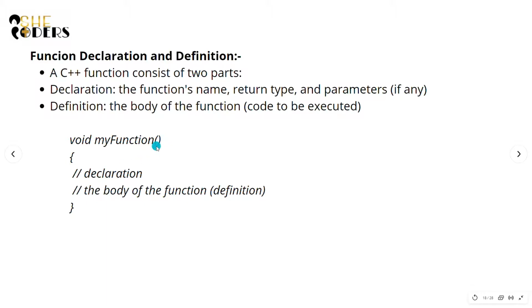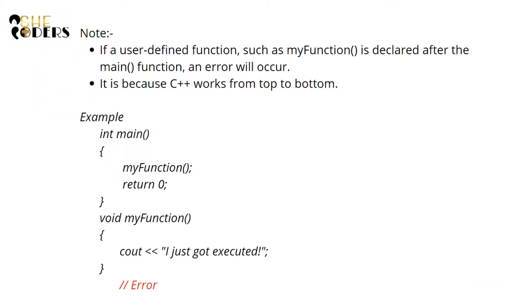And the parameters here is nothing, because the number of parameters can be 1 or 2 or 3 or any number, or it can also be 0. So here in this case the number of parameters is 0. And the definition of the function, that is the body of the function, goes inside this pair of curly brackets. That is actually executed, or what the function does for us goes inside this piece only.